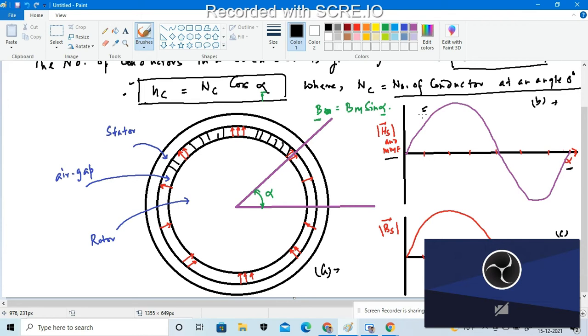To overcome this, we use fractional pitch winding in the design of a rotor to suppress the unwanted harmonic components.